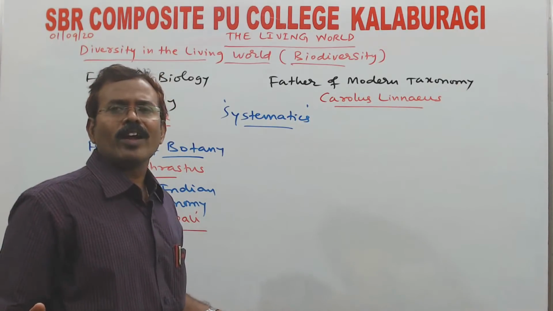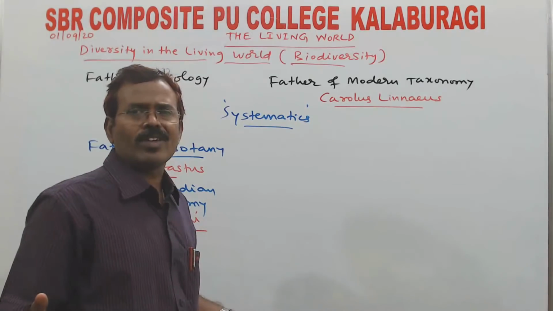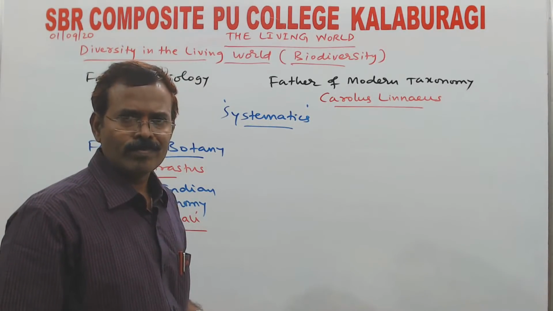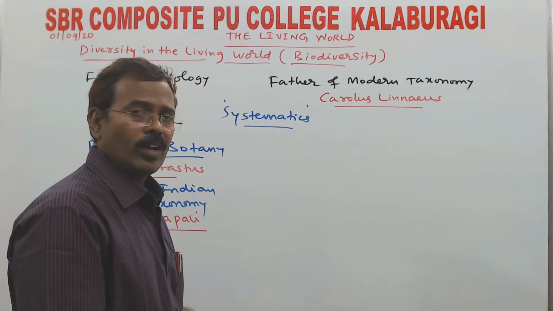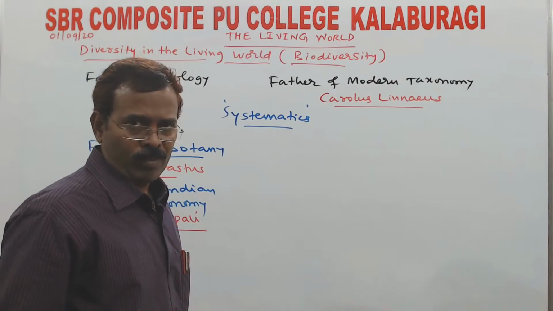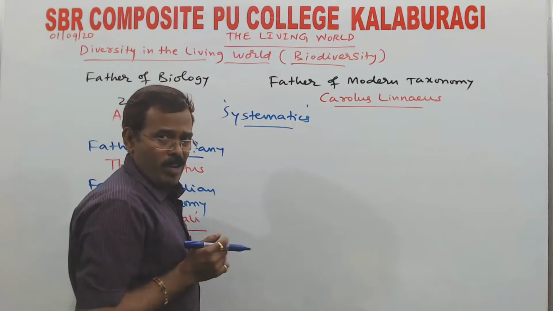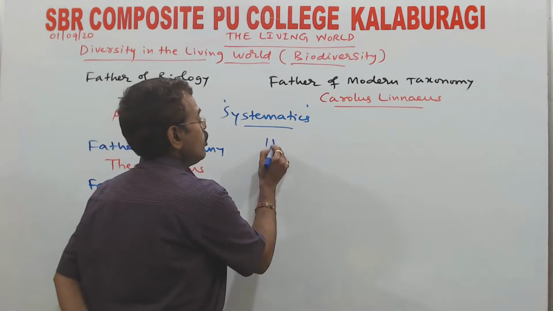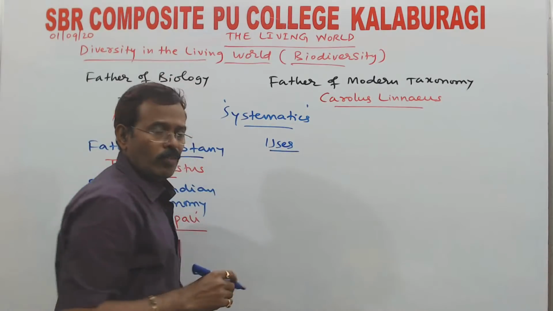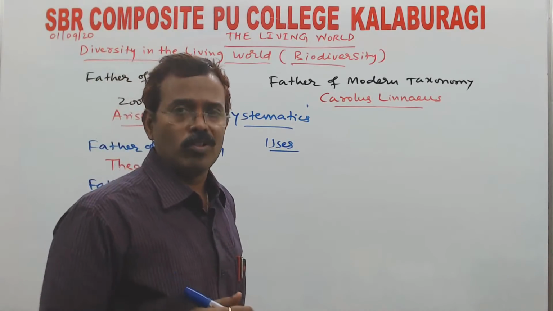When man came to know that these plants can serve as a source of food, in the beginning the taxonomy was based mainly on uses. We used to group the plants based on their uses.